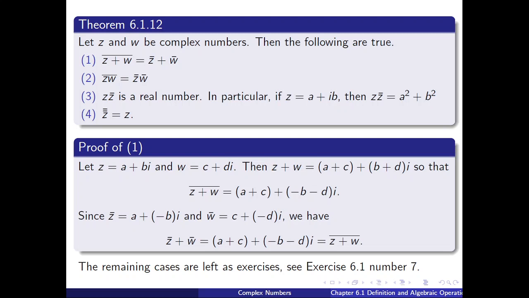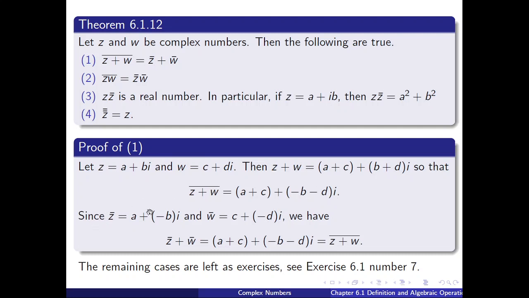So let z be a plus bi and w be c plus di. Then this means that if we add z and w, we get (a plus c) plus (b plus d)i. And so if we take the conjugate of this, then we get (a plus c) plus (minus b minus d)i.